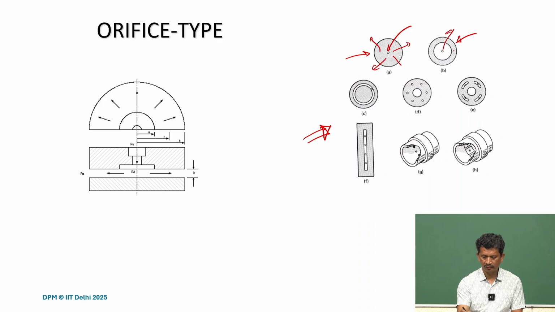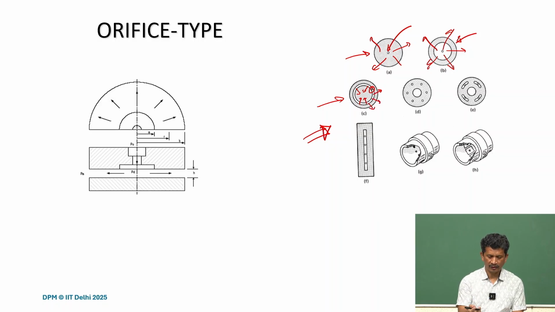Here again, there are annular types also. So it's not fed at the center, but in the annulus on the side, and then you have a groove pattern. So it flows inside and it flows out also.